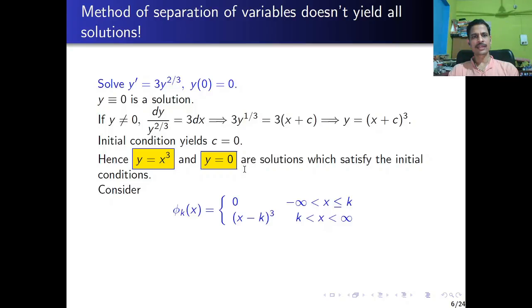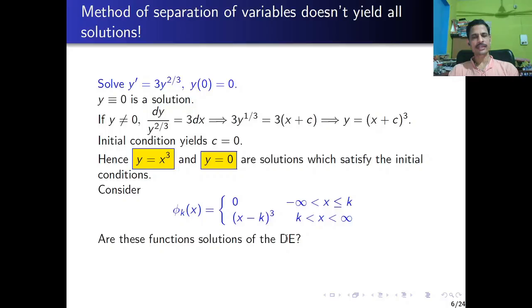Now the interesting fact is that if we construct a function, namely phi_k(x) is equal to 0 from minus infinity to k for some real number k, and (x minus k) whole cube for all x between k and infinity, then this is also a solution of the differential equation.